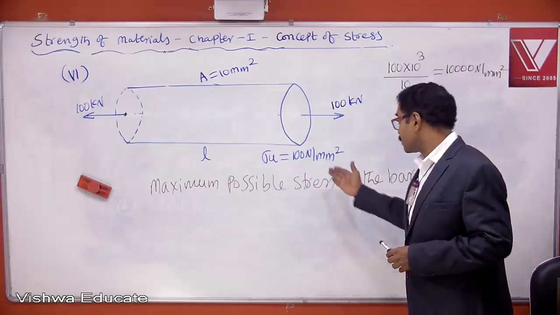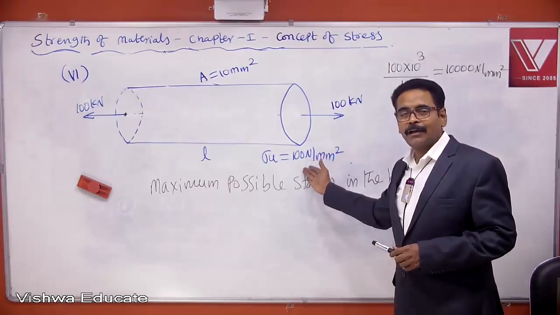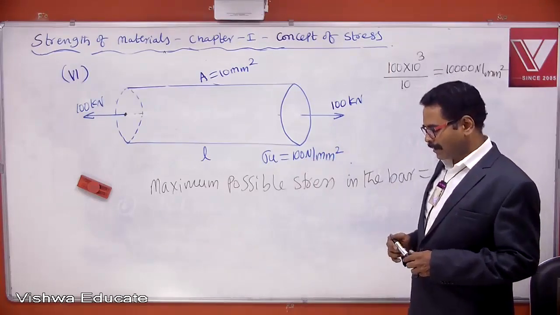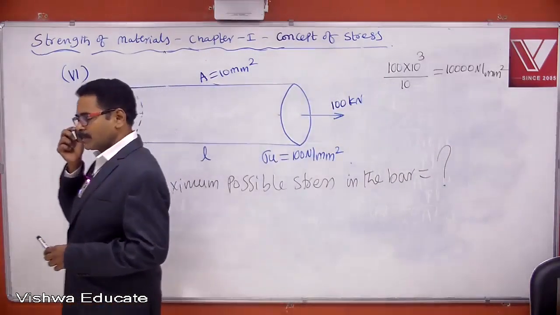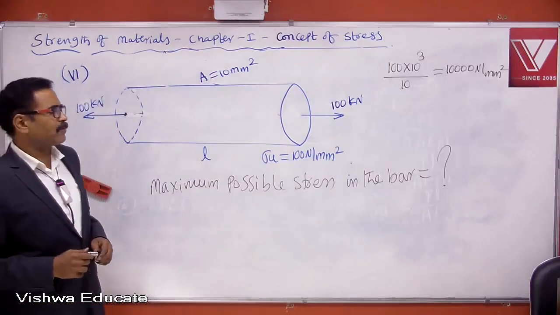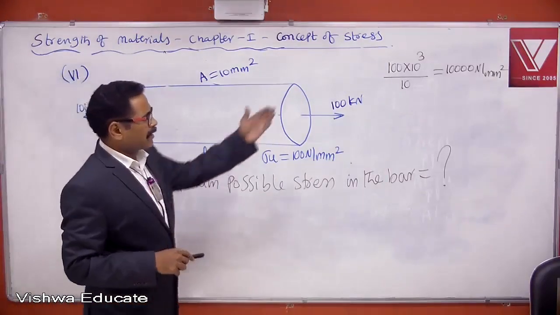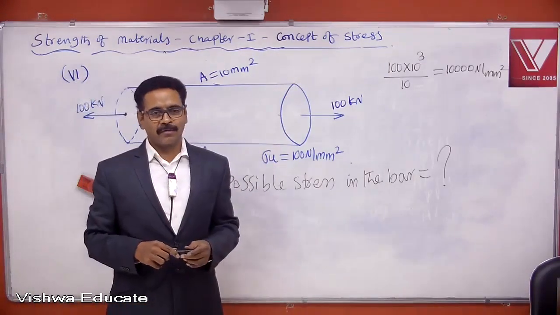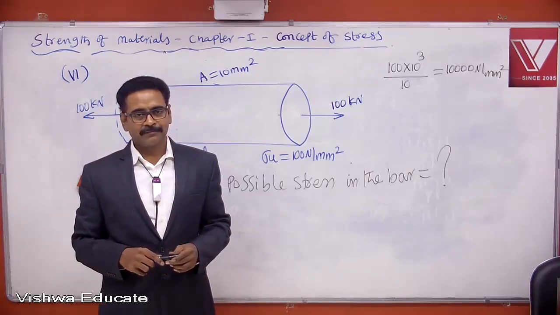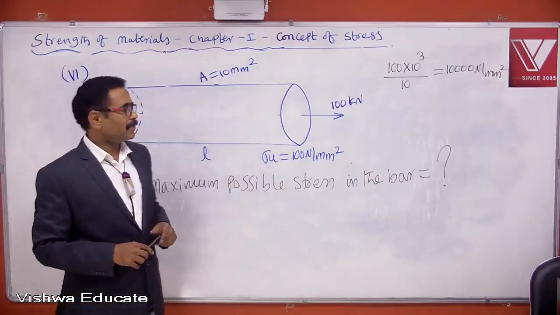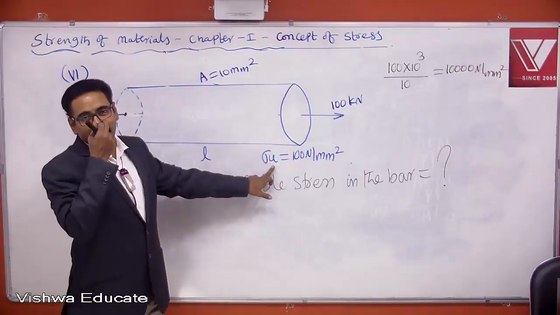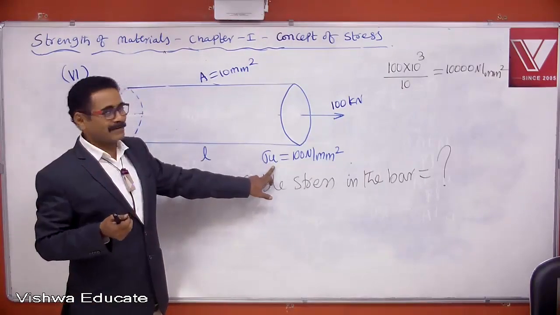But what is the ultimate point stress? 100 Newton per millimeter square. Now answer my question. What is the maximum possible stress in this bar? Is it 100 or 10,000? The answer is obviously 100 Newton per millimeter square.